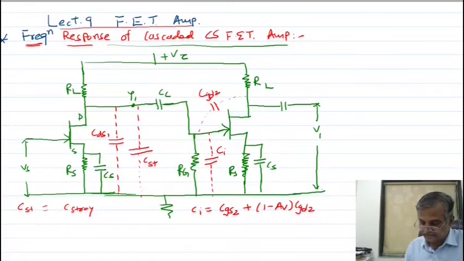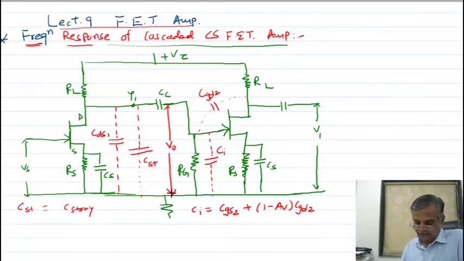This we have written in a common source amplifier circuit. Here the output of the first stage I am writing VO. Okay, this is your complete circuit diagram of a two-stage, or it is called cascade, common source field effect transistor amplifier.